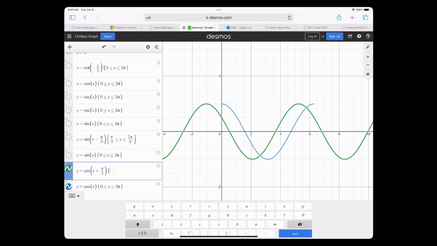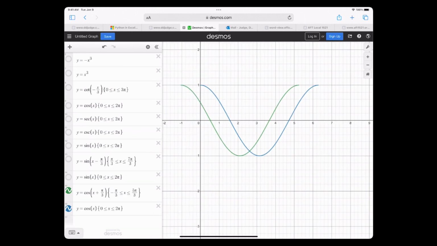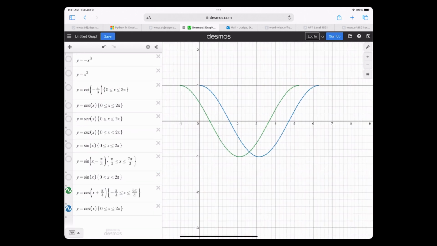We started at negative what? Negative pi divided by 3 less than x. What's the other value? 5 pi over 3. Okay, here's my point. The cosine curve was shifted to the left by pi over 3.